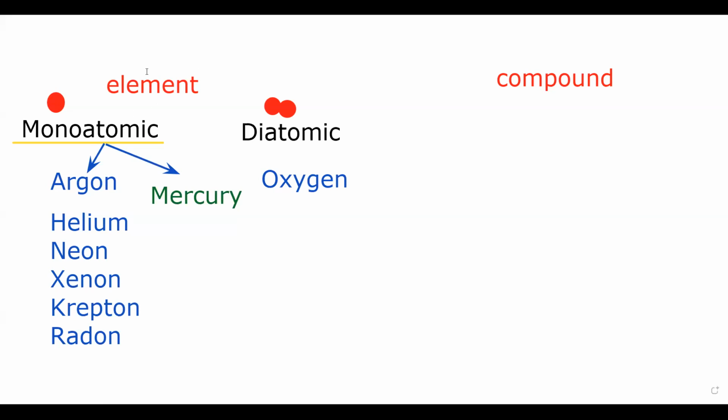So the elements can be monoatomic, like the inert gases, or liquid, like mercury. And we have the diatomic. Diatomic also, we have some of them active gases, and some of them also liquid. Liquid only one example. What was it? Bromine.